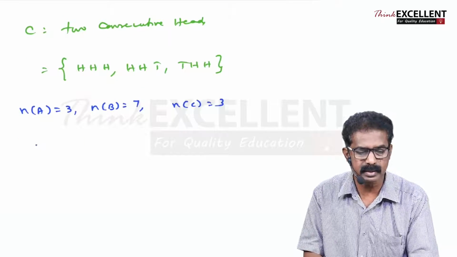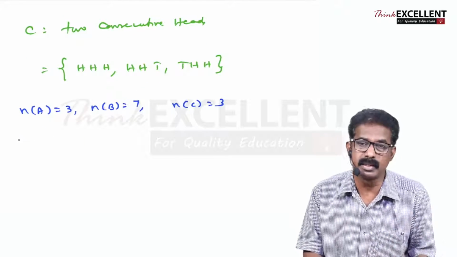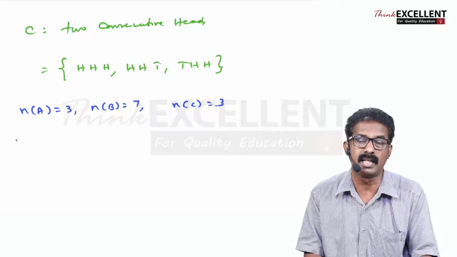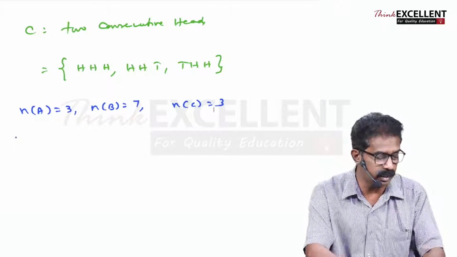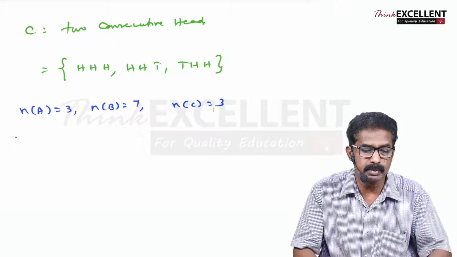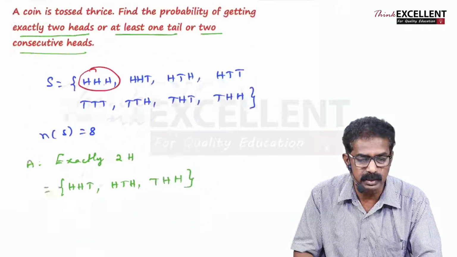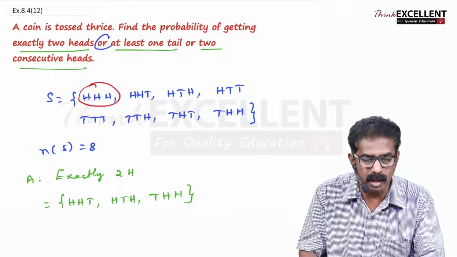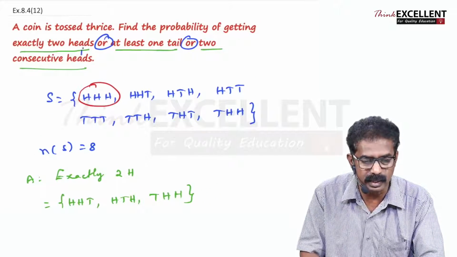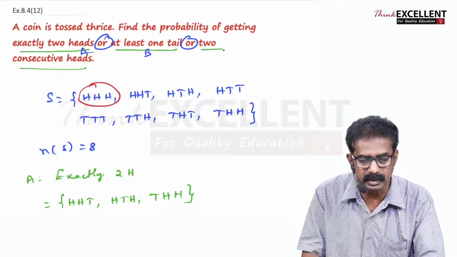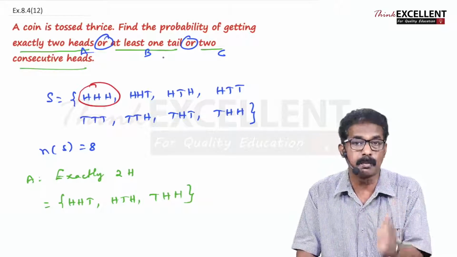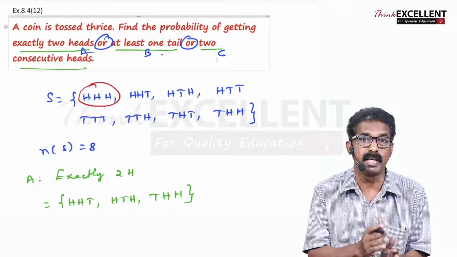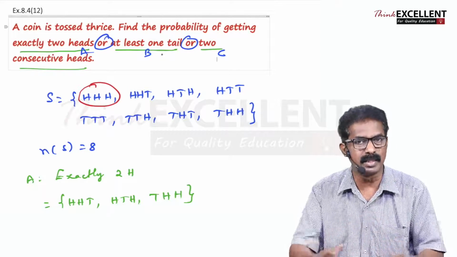Now find out A intersection B, B intersection C, C intersection A, then A intersection B intersection C. Why you need all these things? Because the question is, please listen, 3 events. This is our A, this is our B, this is our C. So you have to find P of A union B union C, the lengthy formula.